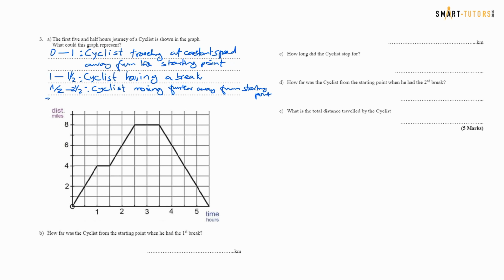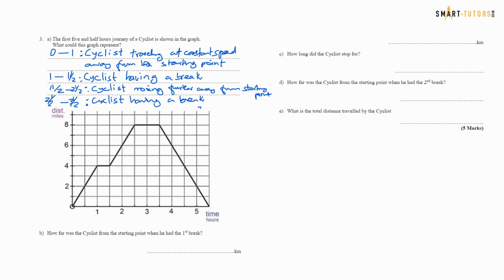And from the 2.5 to 3.5, cyclist having a break.